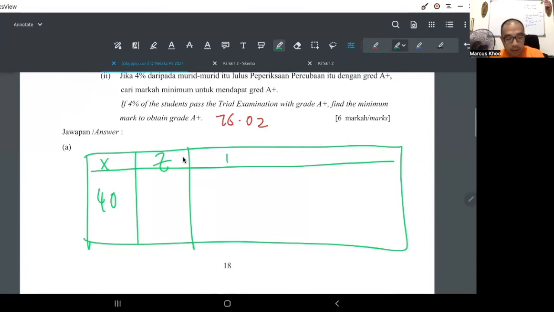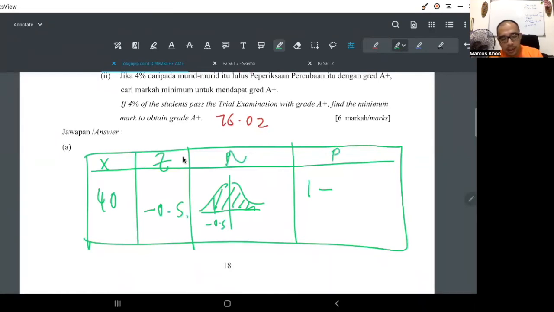And then after that, the probability, okay, determine where you want to shade, it is probably going to be here. Your Z, you will get negative 0.5 lah. So more means here, that means your answer is 1 minus, sorry, the probability, this is the graph, more or less. So graph is 1 minus whatever the value you get from the table.